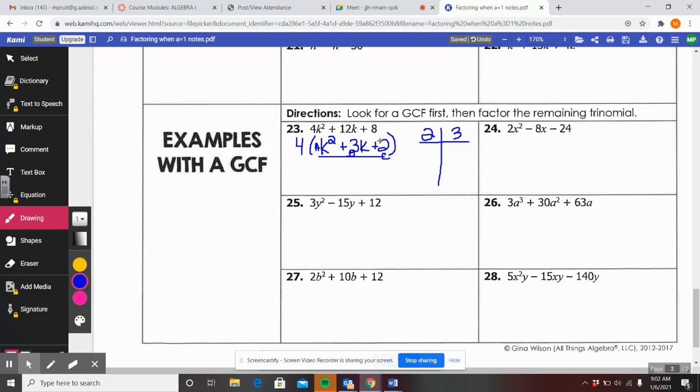Are you adding or subtracting these factors? Adding them. And that's how you know that sign right there. So it's 2 plus 1. And then your answer, you just leave the 4 in front of your 2 parentheses. So it's K plus 2, K plus 1.